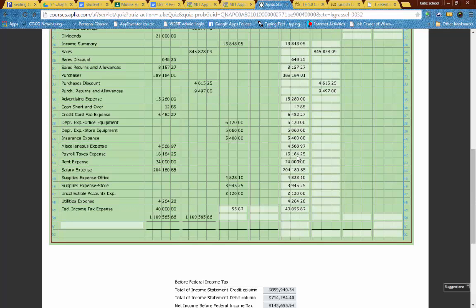Guess what we get to do now? We get to do some serious math. The difference between these two, it's the adjustment.